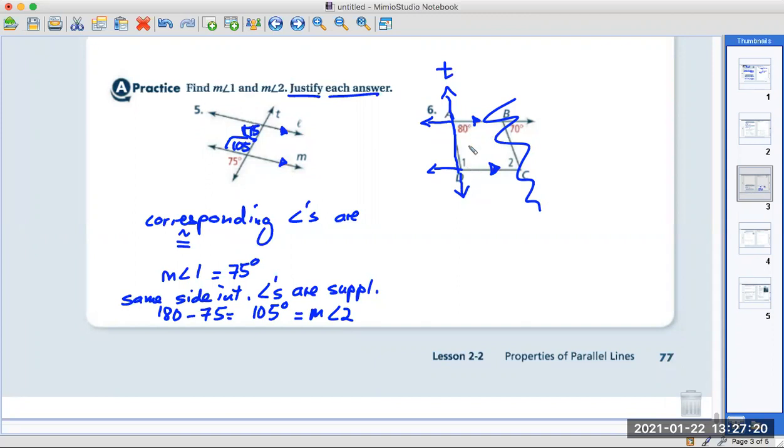So this is same side interior. So this one is 120. Measure angle 1 is 120 because same side interior angles are supplementary.